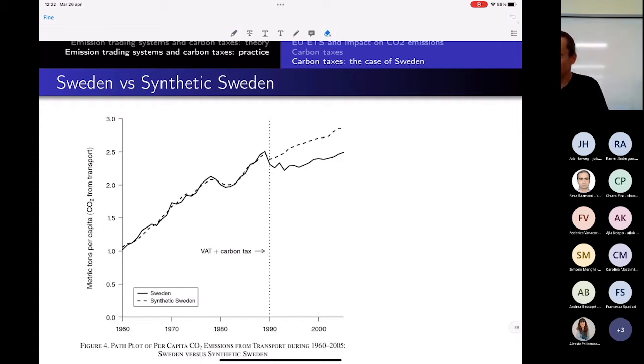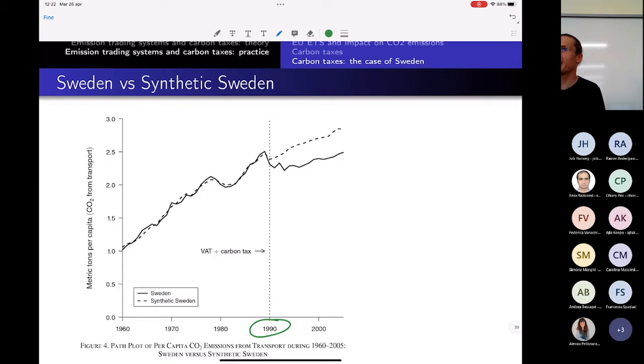And then you see the treatment is in 1990, because in 1990 you have the value-added tax and the carbon tax, and you just compare your synthetic Sweden, the dashed line, with the continuous line, which is the actual Sweden.